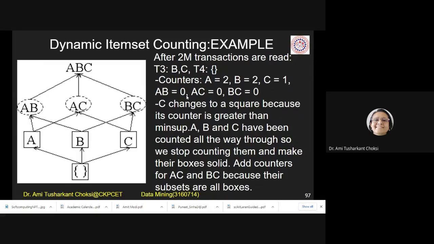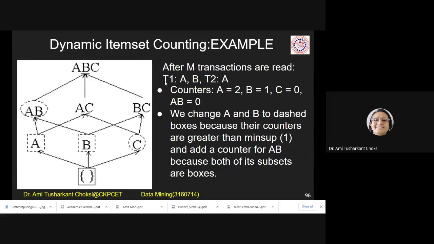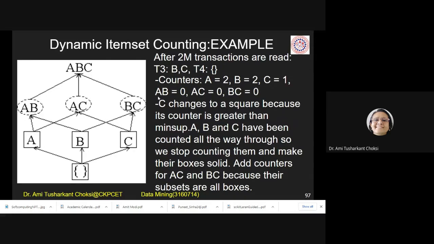For AB, AB was counted. Yes, it was counted. Where was it counted? Here in T1, right? A and B was there. So AB was counted means not that its counter is incremented, but that at least it is encountered during the pass of transactions, right?